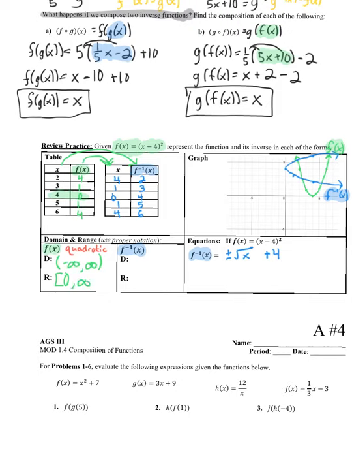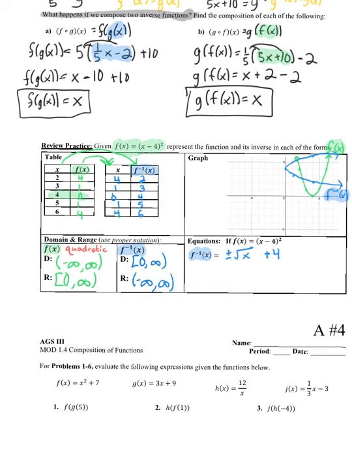And then it's going to go all the way to positive infinity. When we get to an inverse function, we just switch the domain and range. So as long as we can identify the domain and range of the original function, we should be able to identify the domain and range of the inverse function.